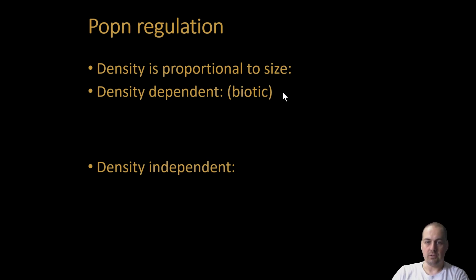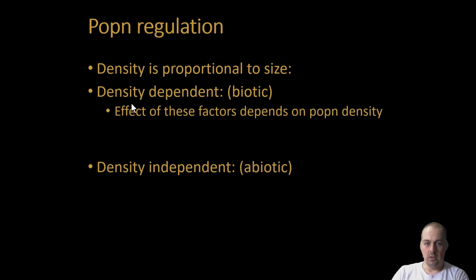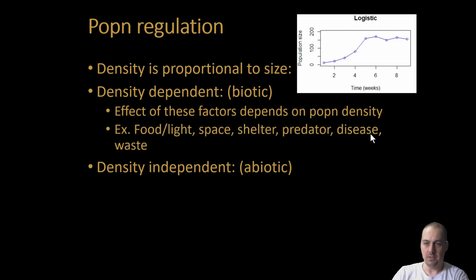Density dependent factors tend to be biotic or living, and density independent factors tend to be abiotic or non-living, so chemical or physical. So in terms of density dependent factors, the effect of these is going to depend on population density.